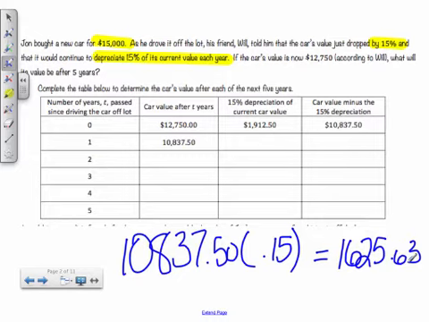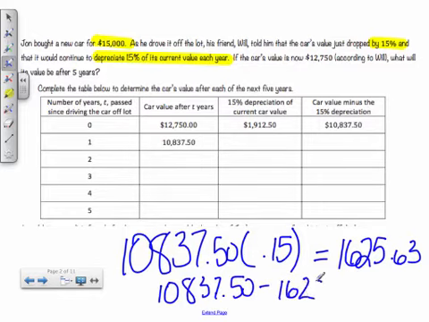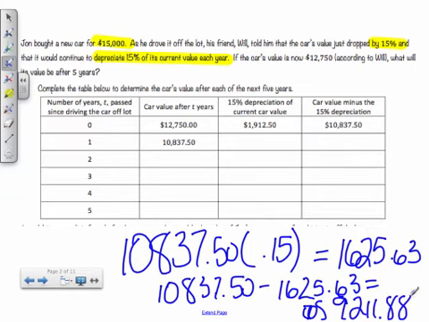Then you subtract that from 10,837.50, and you end up getting your new answer of $9,211.88. So what we'll fill in right here is $1,625.63, and then we'll say right here that this is $9,211.88. All right, I would like for you to finish up the rest of this chart.